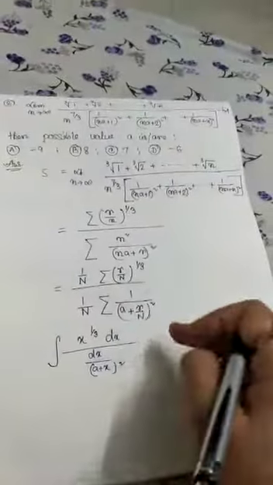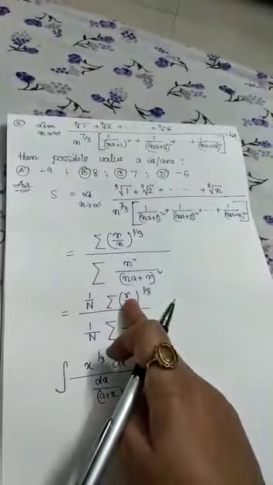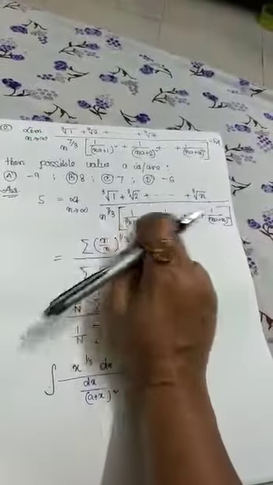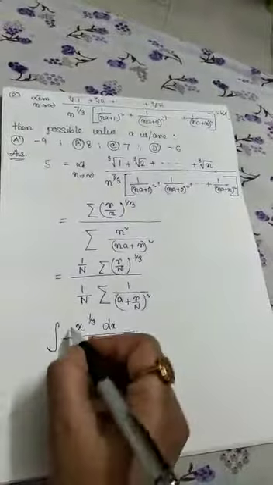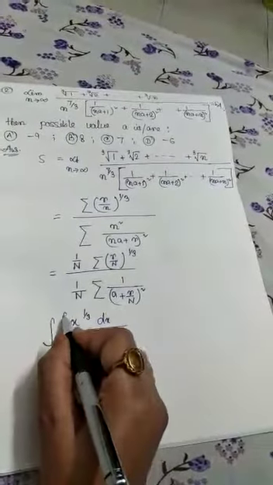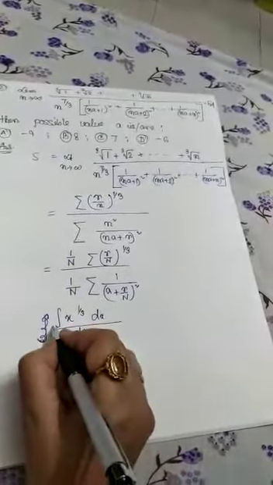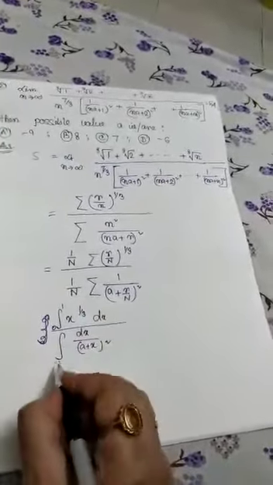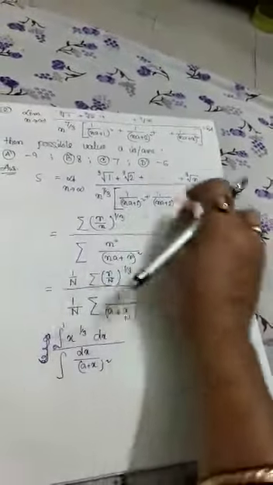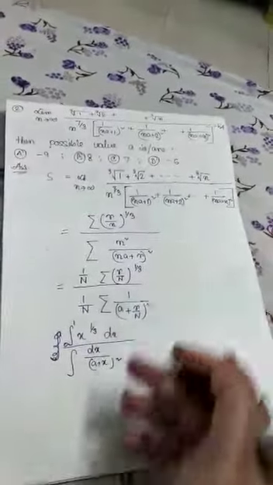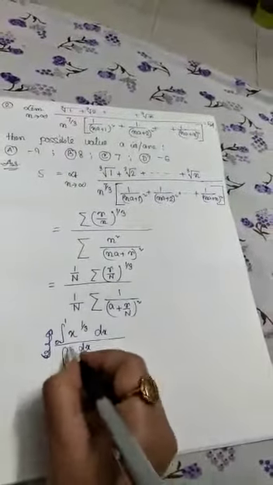Here we know r varies from 0 to n. That is our limiting value. After here we take the first limit and second limit, 0 to 1. As r varies from 1 to n, that's why the limits are 0 to 1 and 0 to 1.